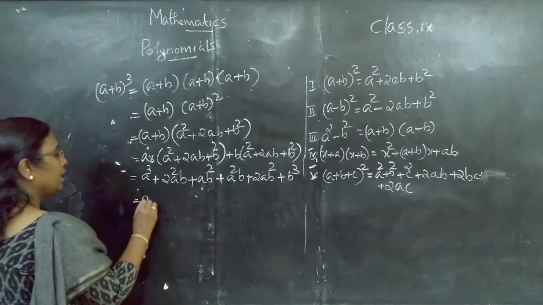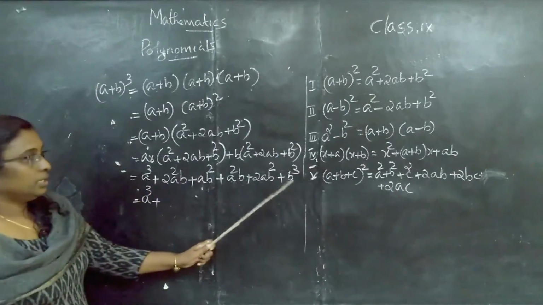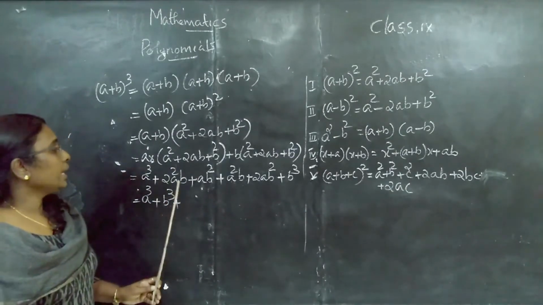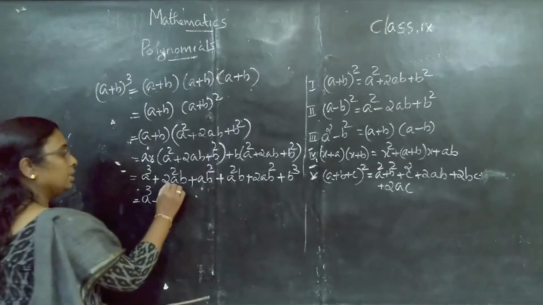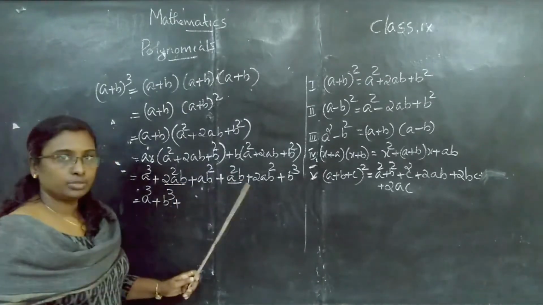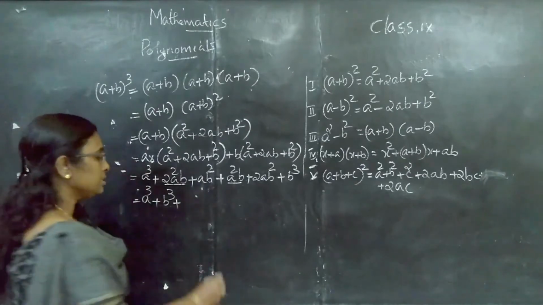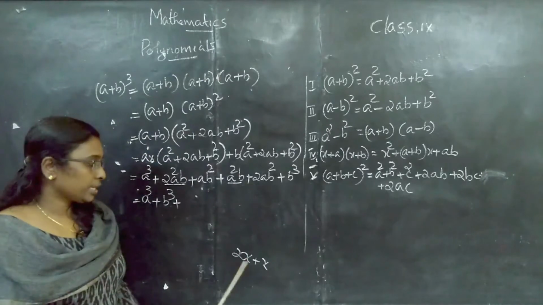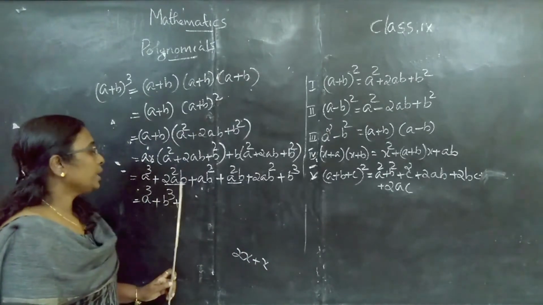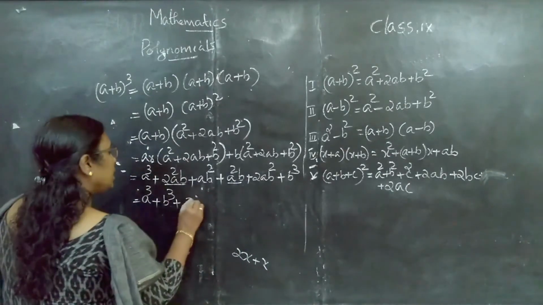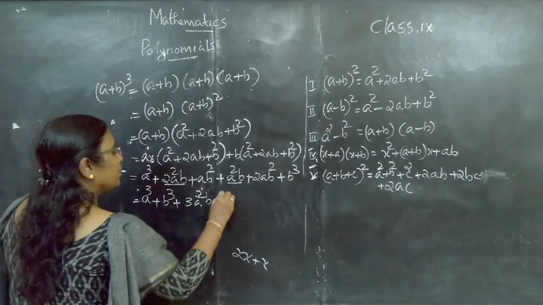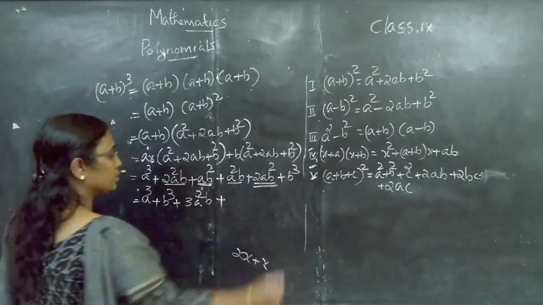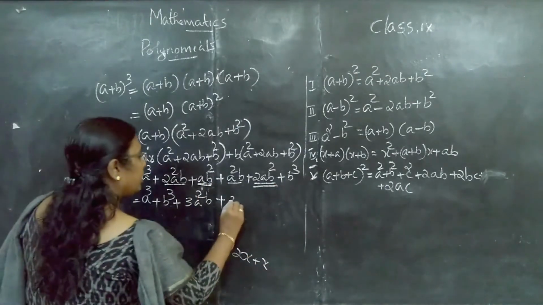This is a cube plus this b cube plus 2a square b plus a square b. 2a square b and a square b are like terms, just like 2x plus x is 3x. Here 2a square b plus a square b is 3a square b, and ab square and 2ab square is 3ab square.